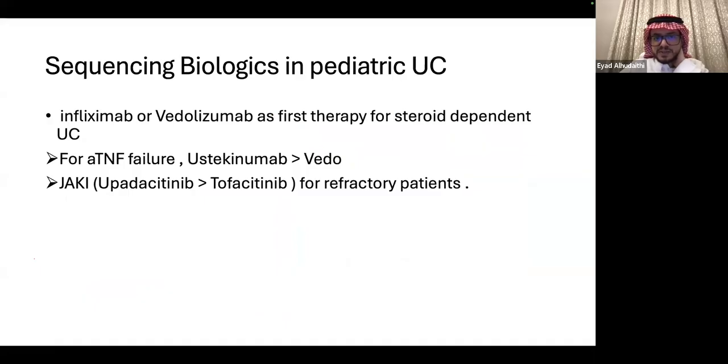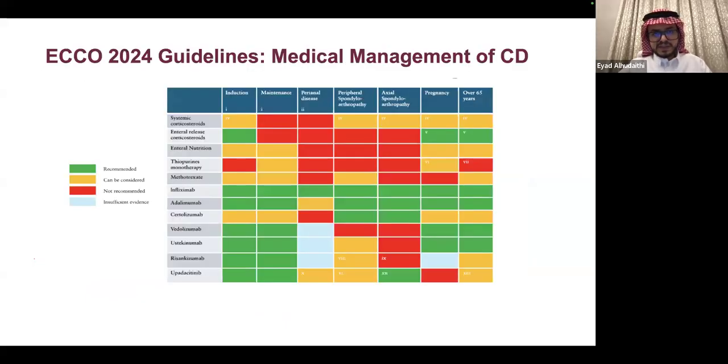So the sequencing of biologics in pediatric UC: infliximab or vedolizumab as first therapy for steroid-dependent UC. As for anti-TNF failure, in our question, ustekinumab comes first before vedolizumab. And this is the era of JAK inhibitors, upadacitinib, and tofacitinib for refractory patients.